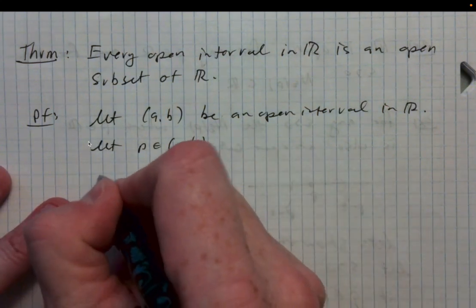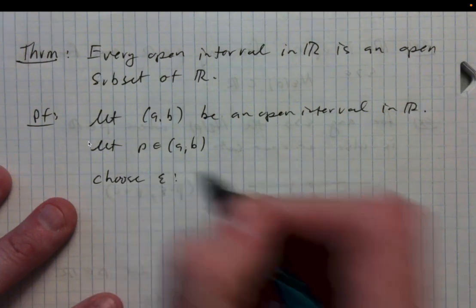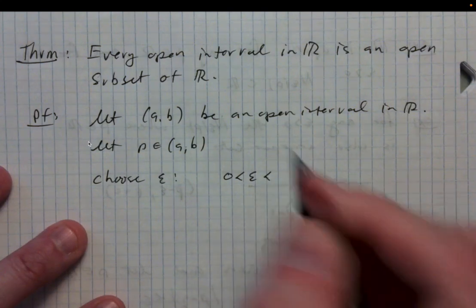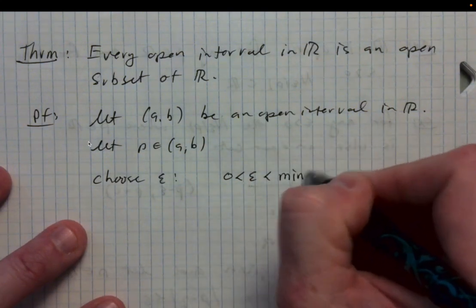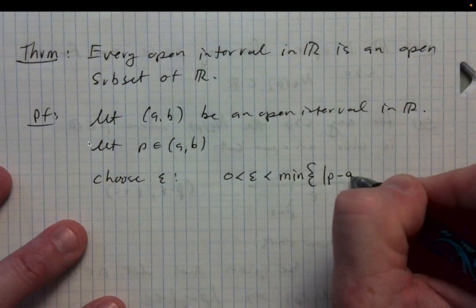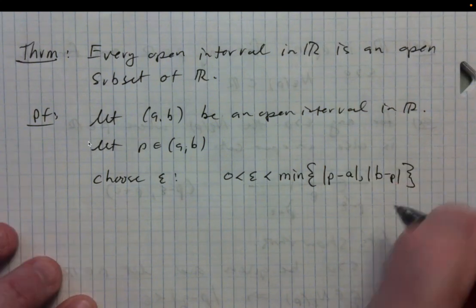And we can choose an epsilon. How are we going to choose our epsilon? Well, it has to be greater than 0, so 0 is less than epsilon, which needs to be less than, and I'm going to suggest this one, the minimum of the distance between p and a, and the distance between b and p. What am I doing here?